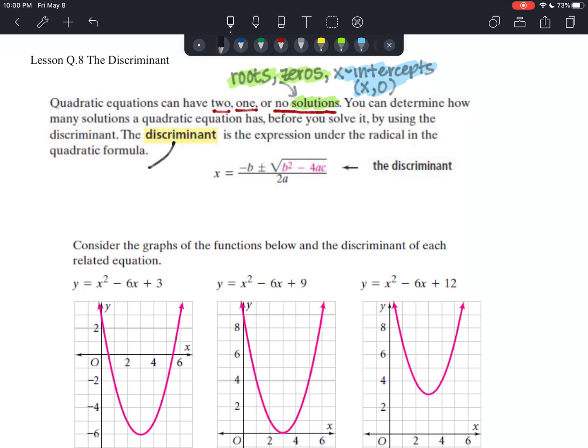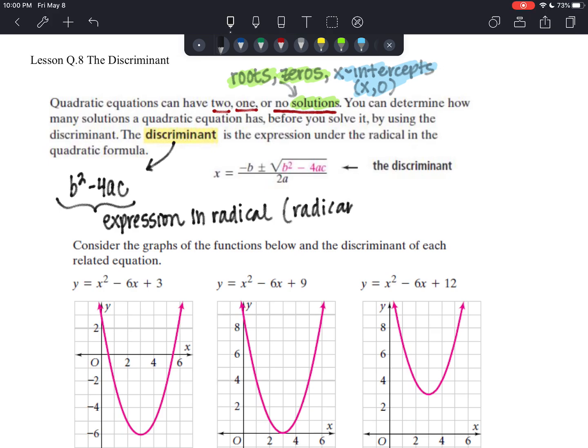The discriminant is the radicand. It is the expression in the radical. It is not the radical sign, so it's only b squared minus 4ac.